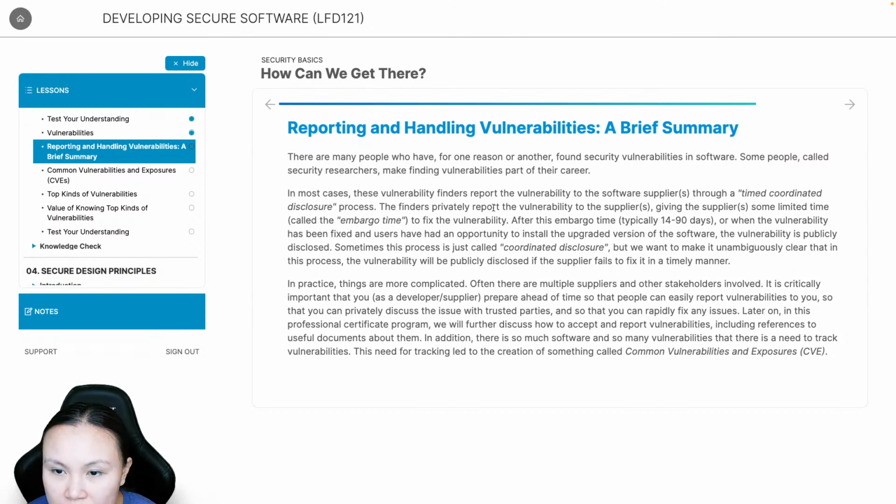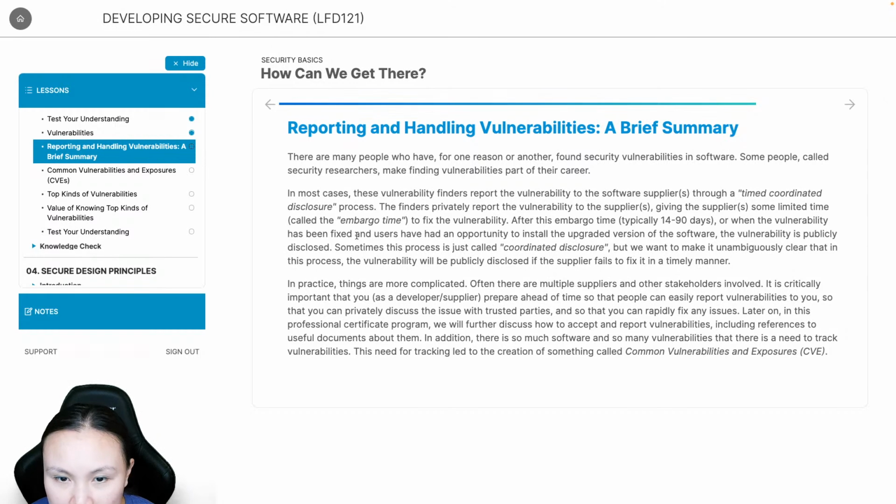They find it and make a private report. So first of all, they don't announce it. They would privately tell the supplier. So kind of like, hey, you've got spinach in your teeth, right? To fix the vulnerability after this embargo time. So usually there is a time frame as well, 14 to 90 days.